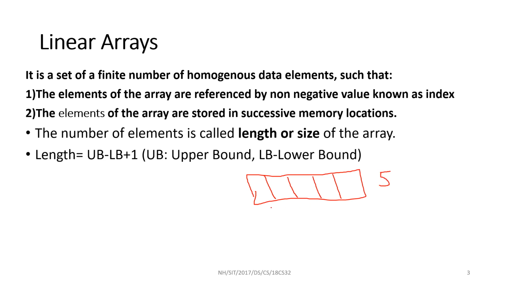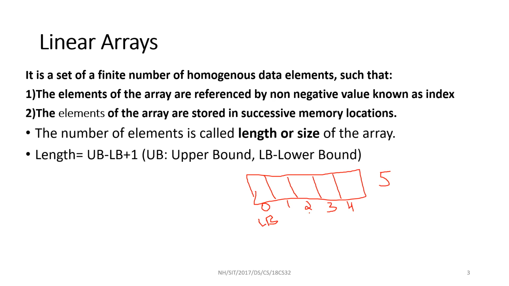We can start the index from 0 or 1 or any other number. We call that particular index the lower bound. For this array, we will take LB as the lower bound. Suppose LB value is 0. What is the final value? The second element is 1, the third element is 2, the fourth element is 3, the last element is 4.